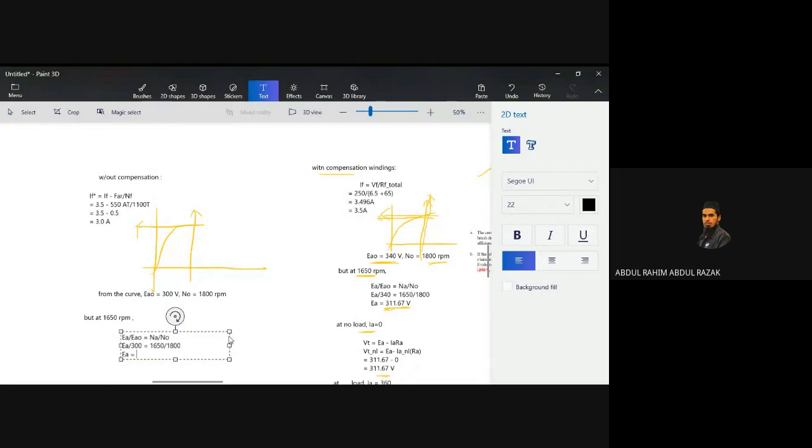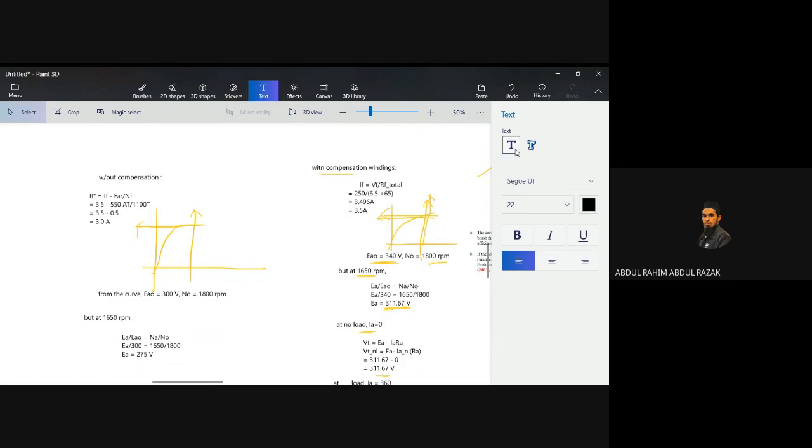Berapa dapat? Anybody? 275. Alright, betul. 275 volt. Thank you. So that is your EA at 1650 RPM.